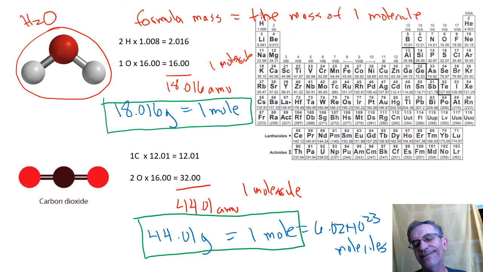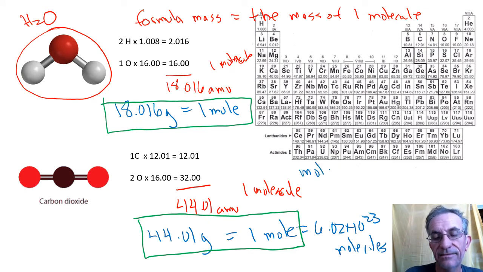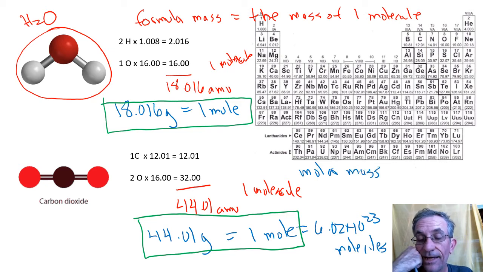Now, there's only one other thing that I don't want to trip you up on. When we talk about the weight of a mole, instead of calling it a formula mass, we call it a molar mass. So a molar mass, it's the same number. It's the 44 for carbon dioxide. But if we're thinking in terms of moles, it's called a molar mass.